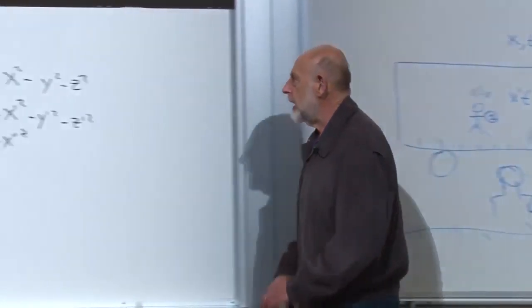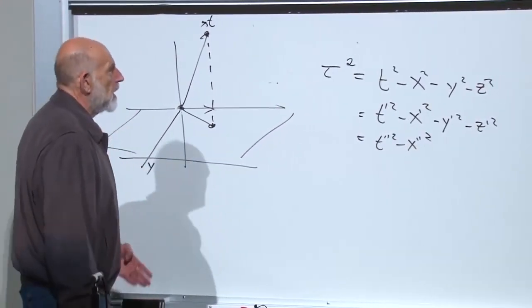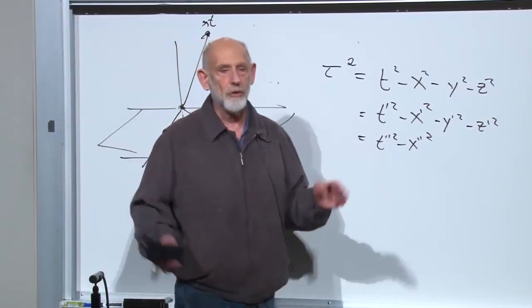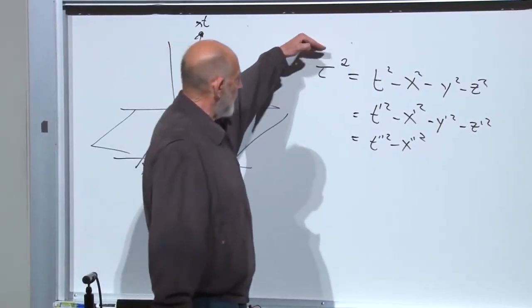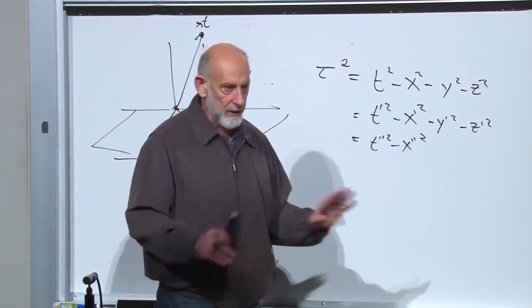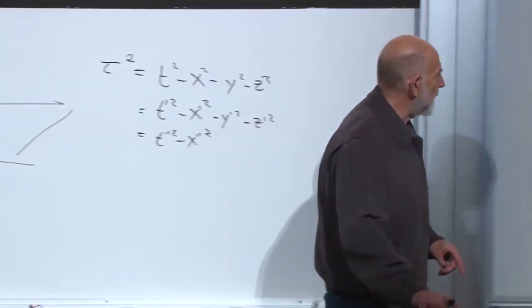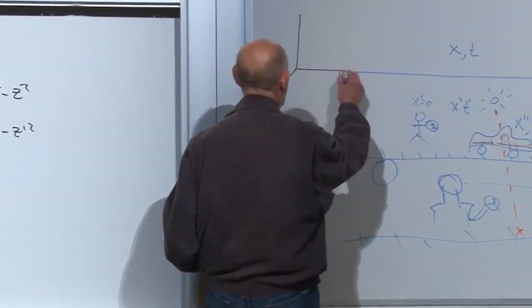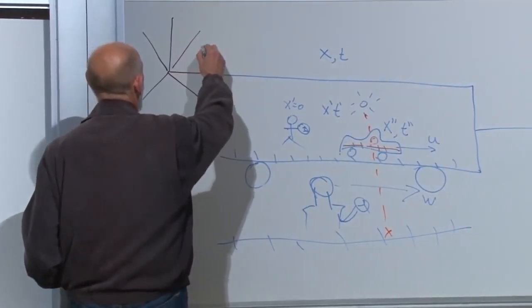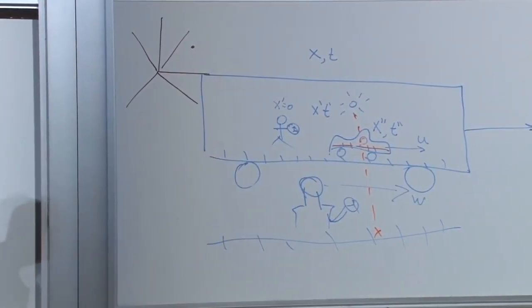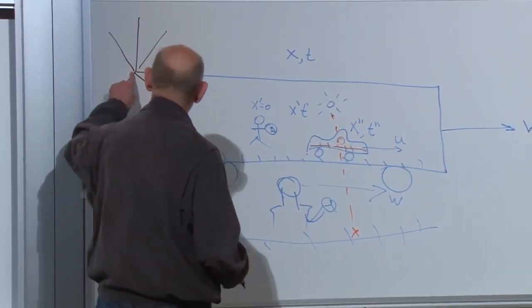If we make any combination of Lorentz transformations and rotations of coordinates, we will always find for any 2 inertial frames which agree at this point over here that tau squared is invariant. It's the same in all inertial reference frames. And it's very similar to the idea that in ordinary Euclidean geometry, different coordinate axes will ascribe different coordinates to a point in space, but they will always agree about the distance of a point from the origin.